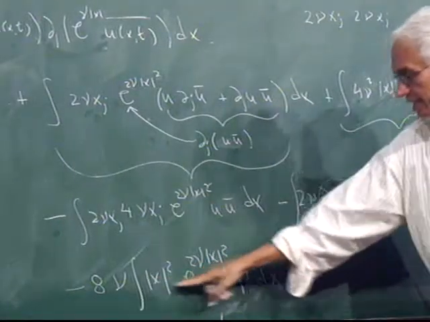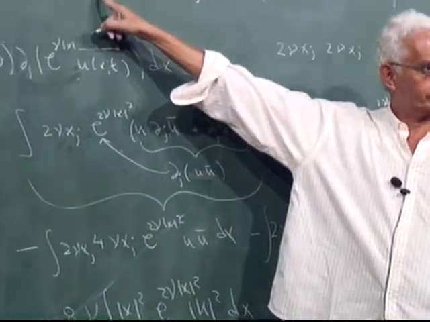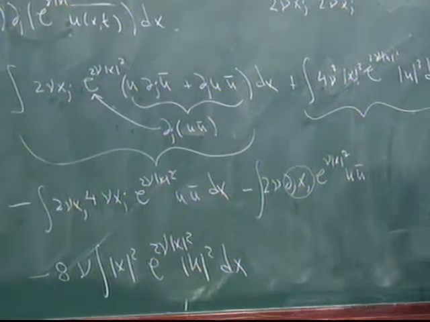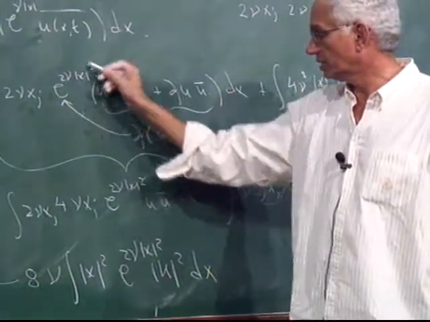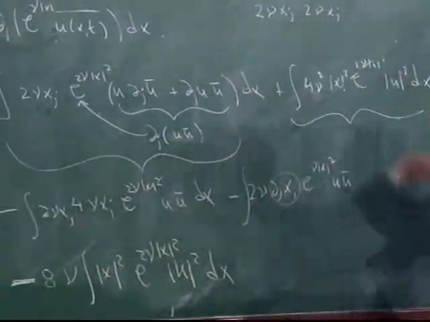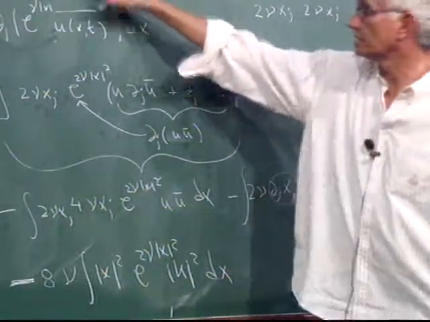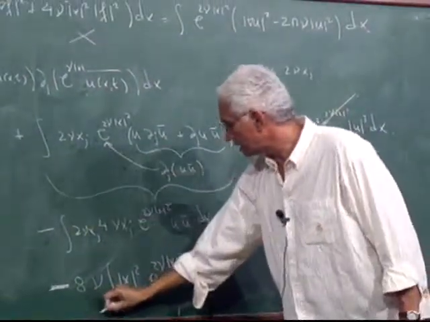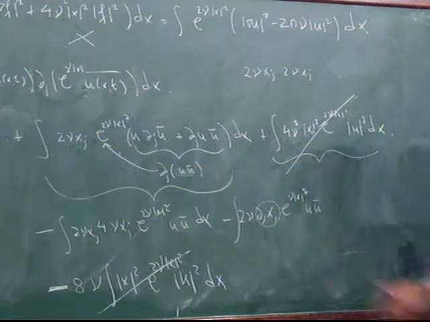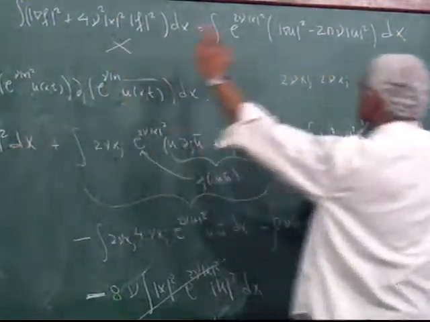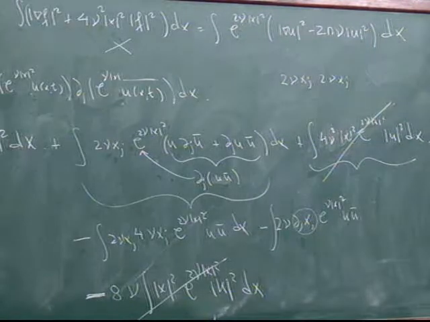Then in order to cancel this one, I need to add another 4. Then you have to be careful with the derivatives, this is 4. Then this one with this one with this one cancels, and you only finish with this part and this part. Is that clear?